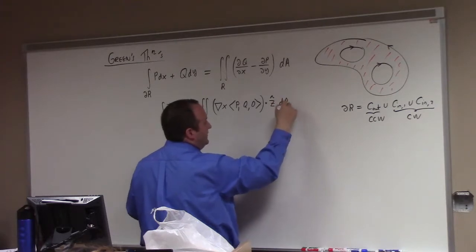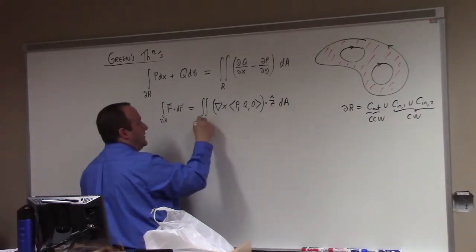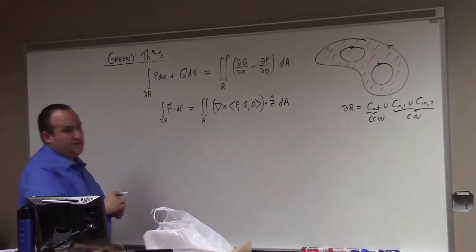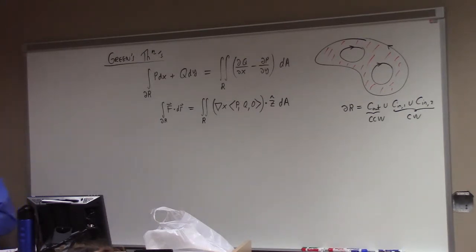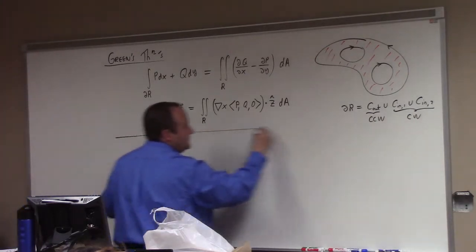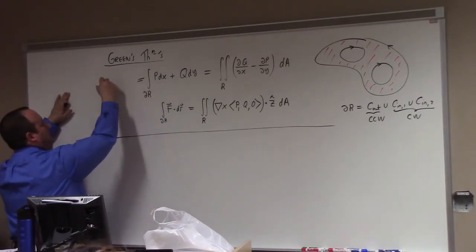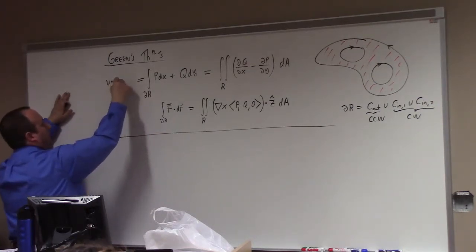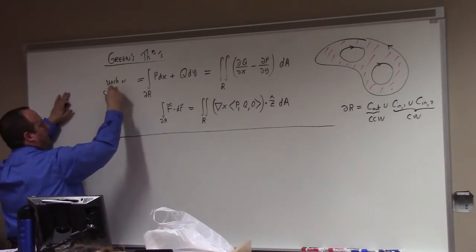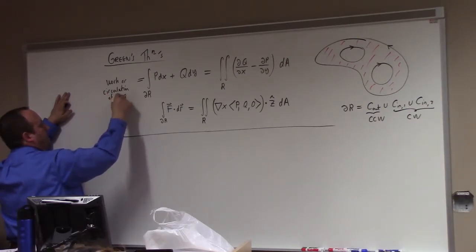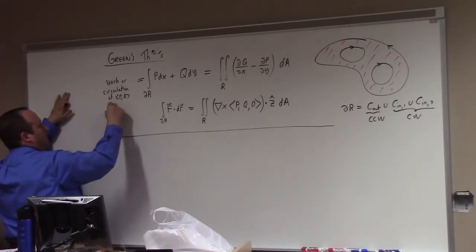So this has to do with the curl of the P, Q, 0 vector field. Sometimes I call this the curl form of Green's theorem, the other form being the divergence form. And what is this, by the way? This is the work, or you could call it the circulation, of P, Q along the boundary of R.